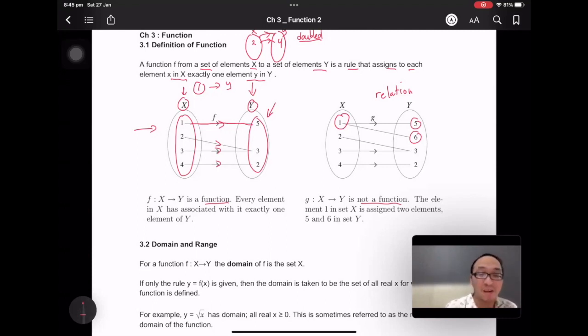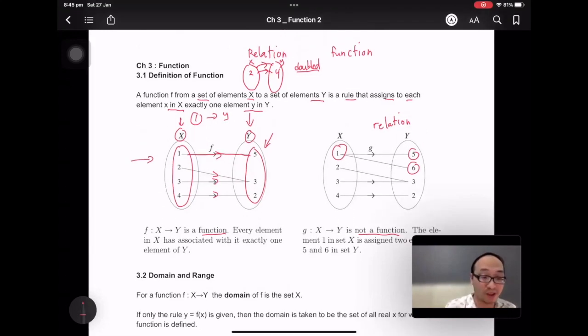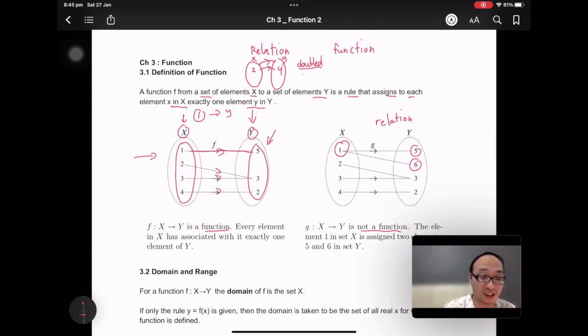Now, x is the number that we put into the rule. So the rule double here, I can write as y equals to 2x. Or I can write as the function f is mapping x into 2x.